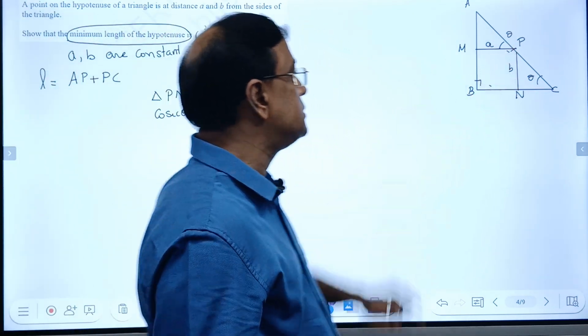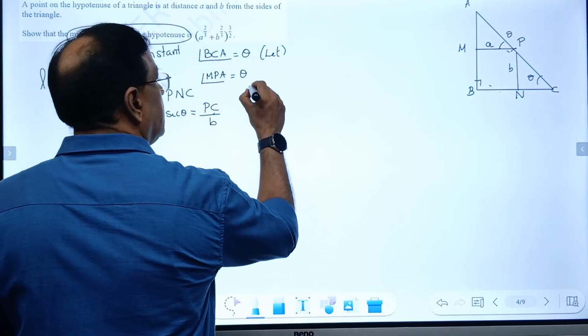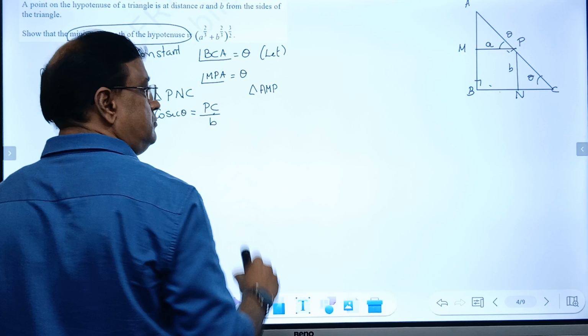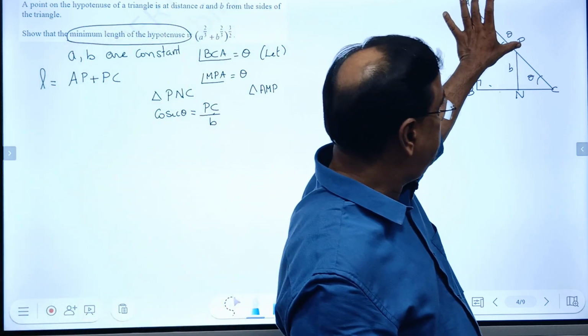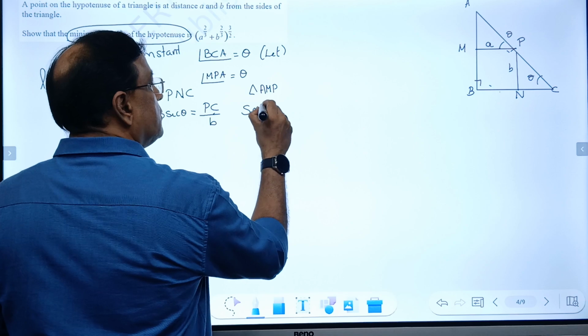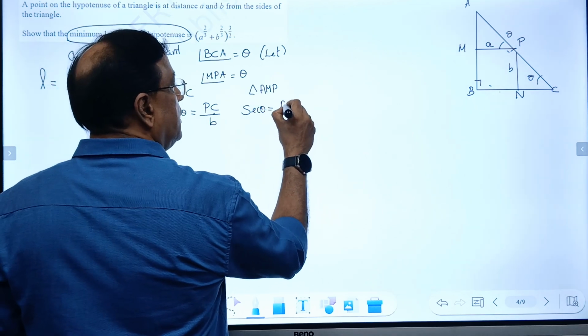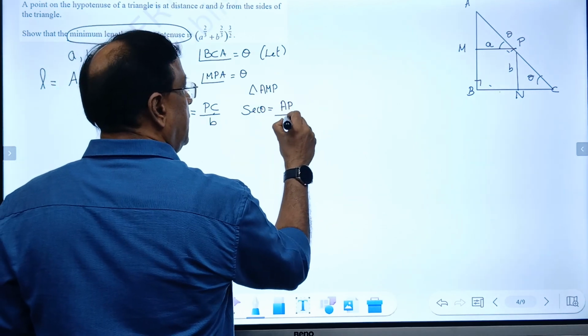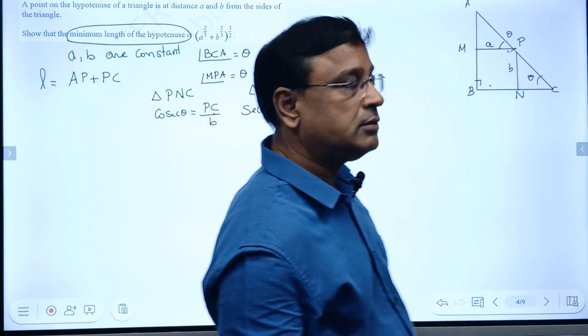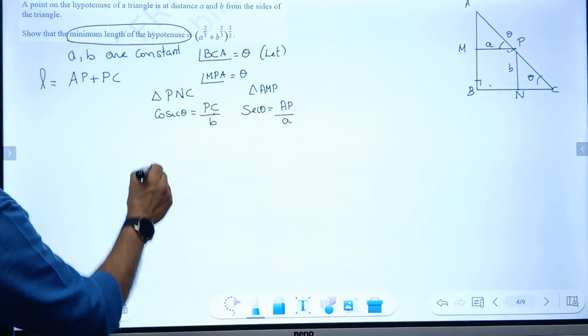Hypotenuse by opposite. Now I take triangle AMP. I want to find PA. So I will take secant theta. Secant theta will be AP by A. Hypotenuse by adjacent. Okay.